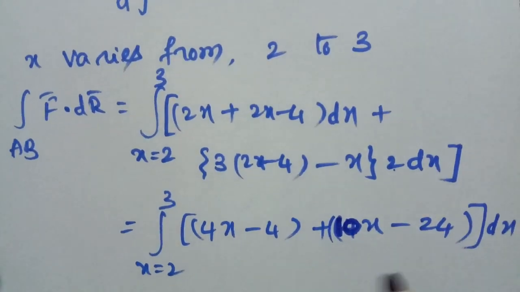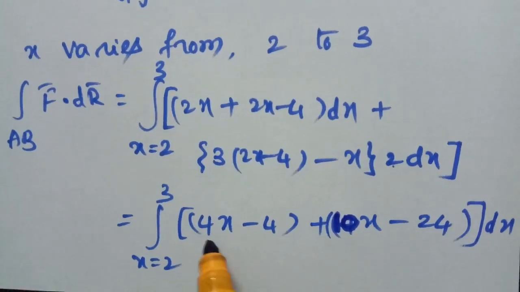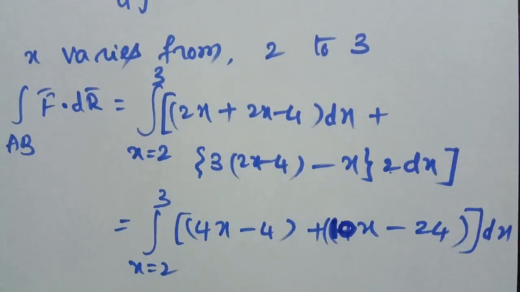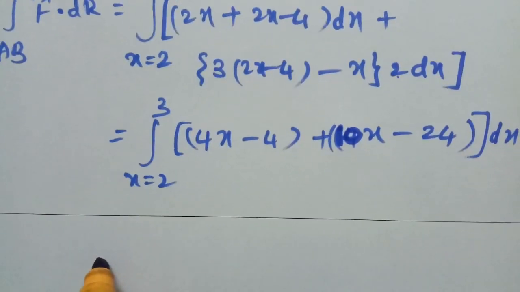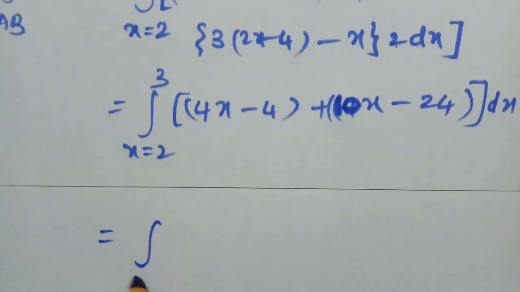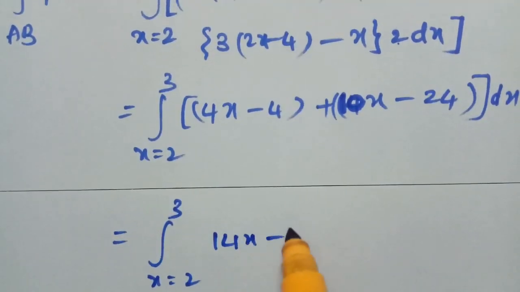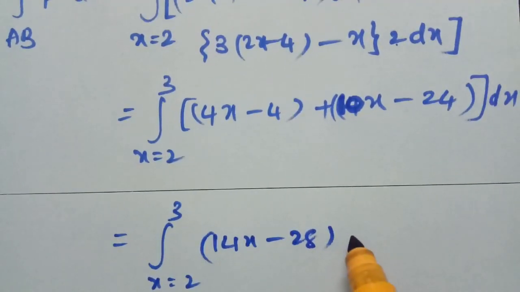Therefore, 4x + 10x is 14x − 28. This is equal to the integral from x = 2 to 3 of (14x − 28) dx.